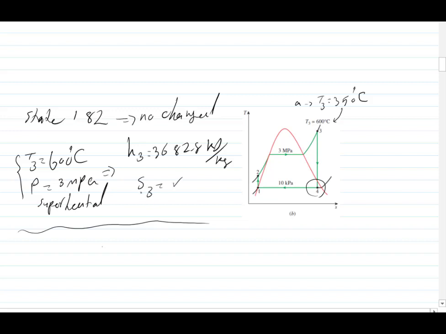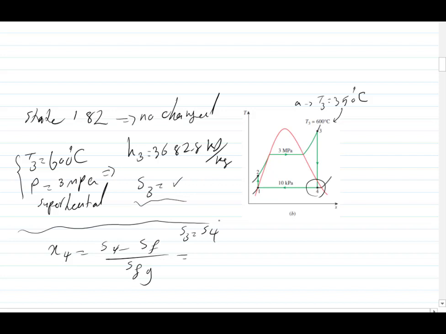I'm not going to calculate this part here. We need to find x4. If you remember, the equation for this was S3 minus SF divided by SFG. Why we can use this equation? Because again, if you notice here, S3 is equal to S4, as you can see here. Then we can write this equation to find x4.